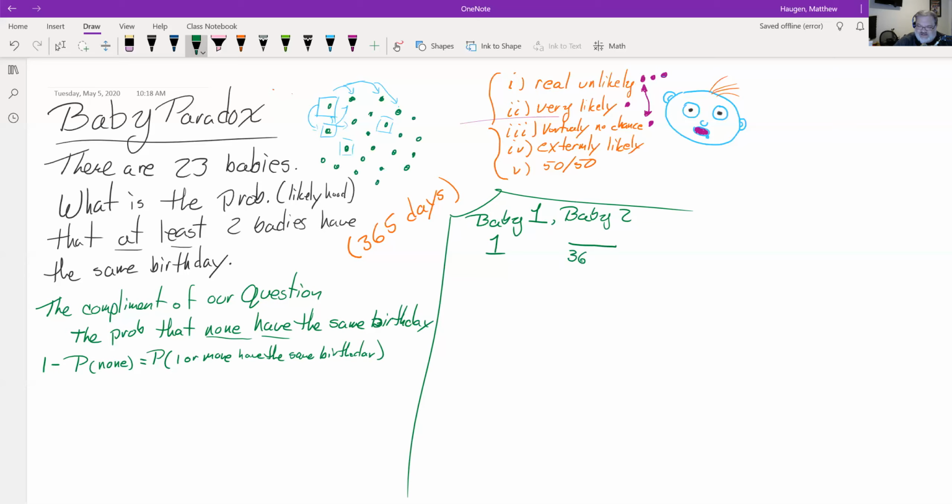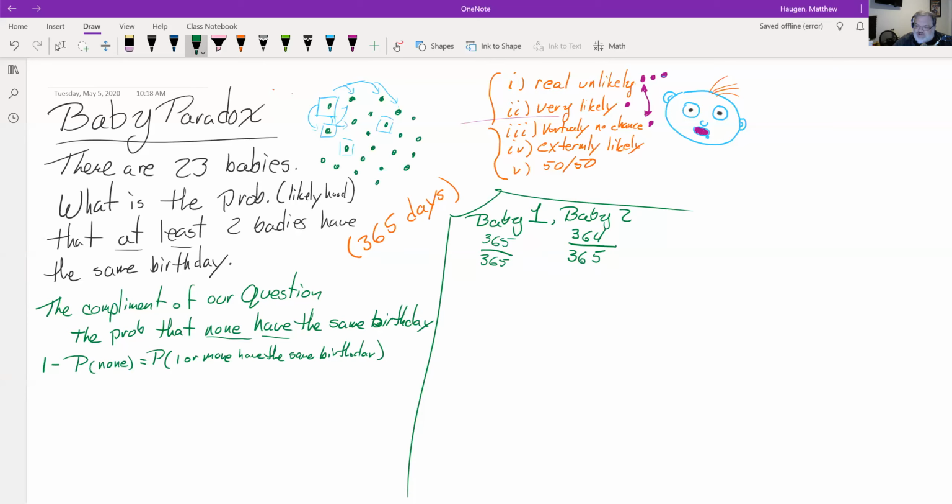Of the 365 possible days, baby 1 could have been born on any of those 365 days and it wouldn't match because there's no other baby to match with. So the first baby could be born anytime. For the second baby there are only 364 days left to avoid a match. Every day other than baby one's birthday. Does that seem reasonable?